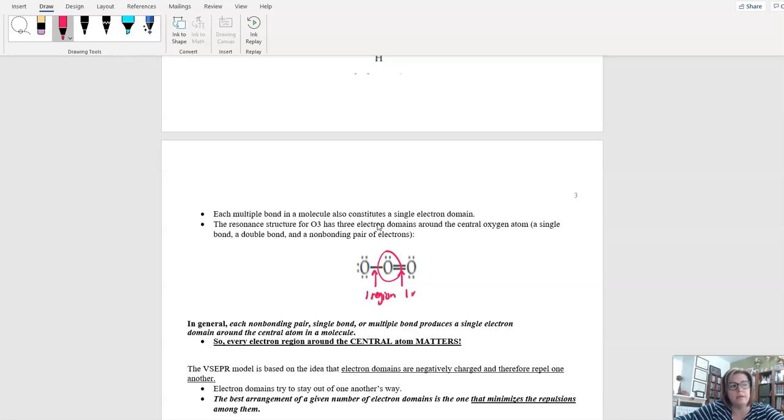And this one also counts as a region of electrons. Now, I may have 4 electrons sitting in there, but it only counts as a region of electrons. And then I have a set of lone pairs on that oxygen. So I would have 2 bonding regions and 1 non-bonding region. So my total amount of electron domains is 3 electron domains.